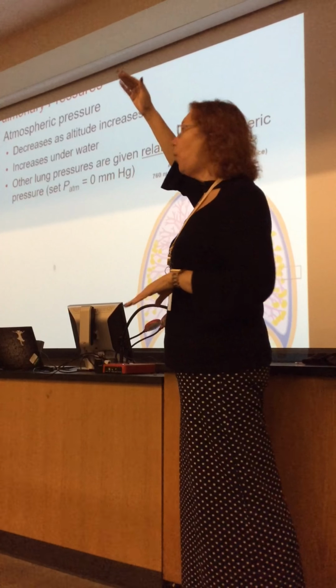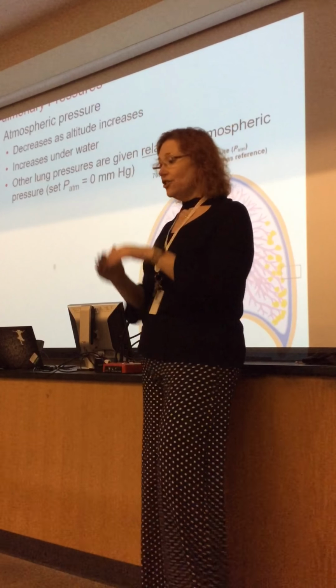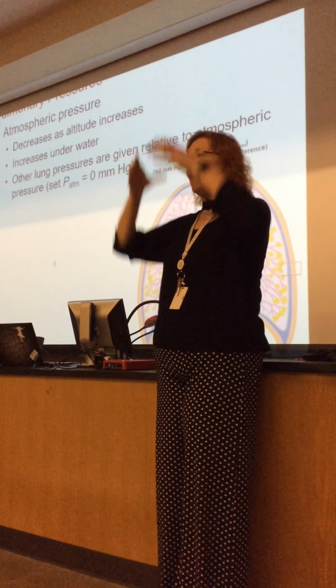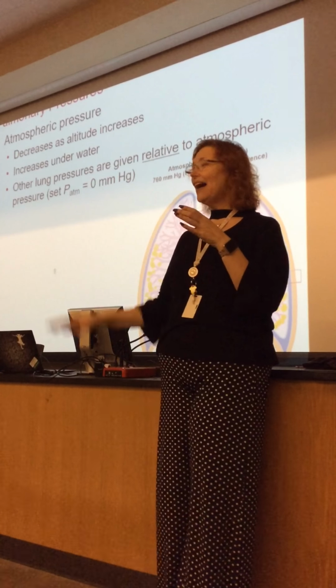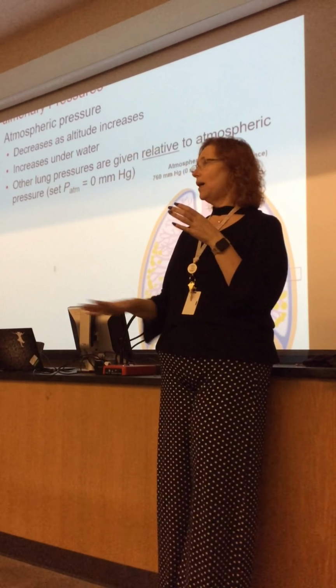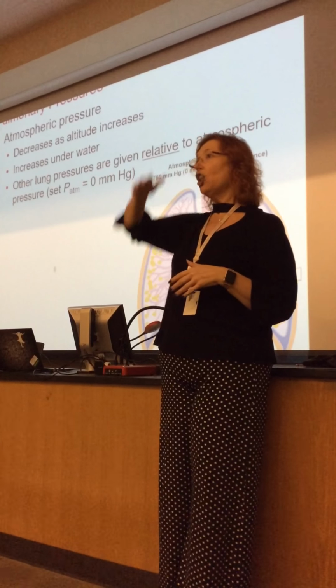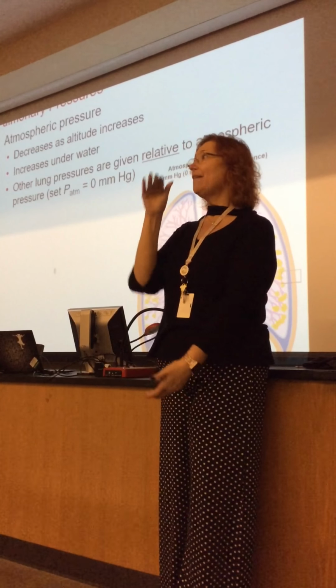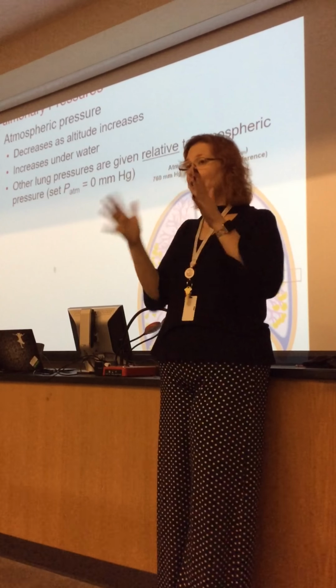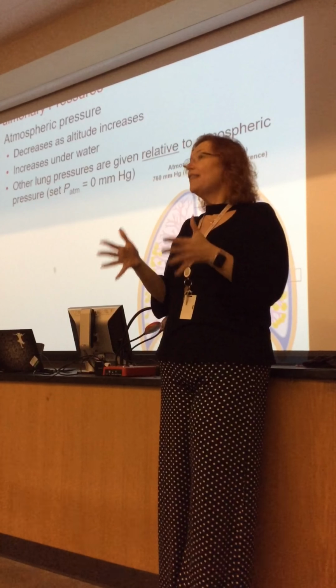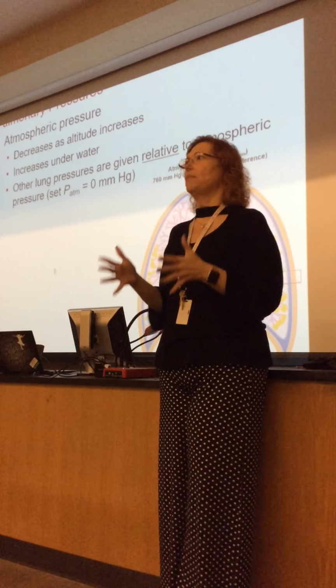A column of water, right? So if I have my column of atmosphere and then I go diving, when I get down to 100 feet, I've got that column of atmosphere, plus I have 100 feet of water and the pressure that exerts on me as well.